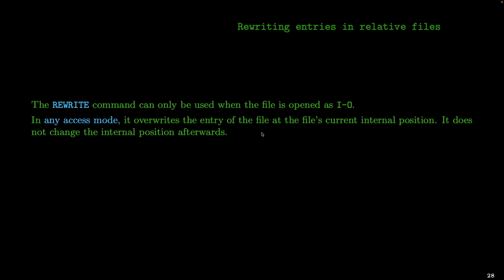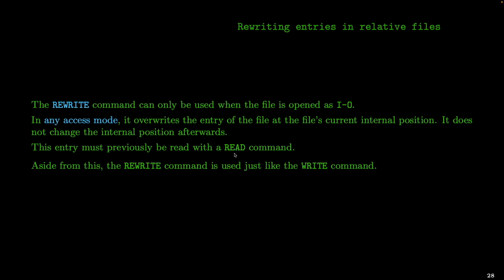And this does not change the internal position in the file afterwards. To rewrite something, we must previously read it with the read command. And aside from this, rewrite is used just like the write command. So the same clauses as in the write command can also be used in the rewrite command.